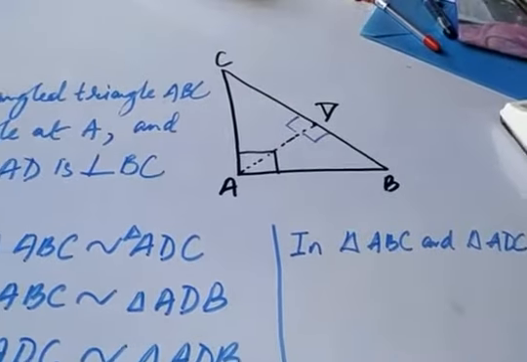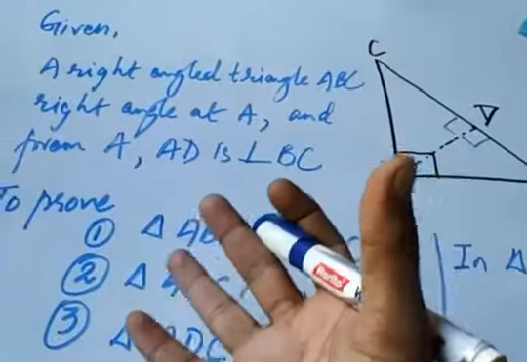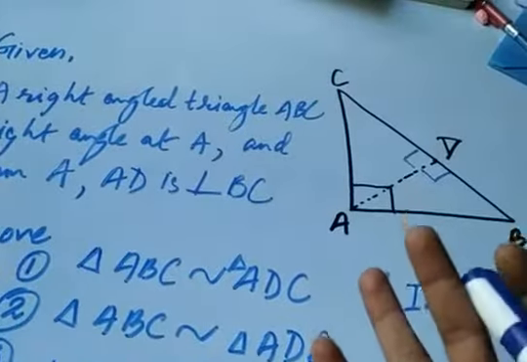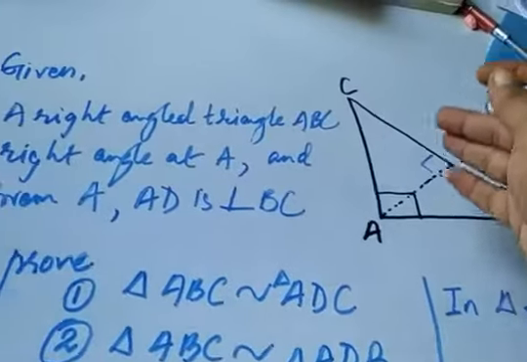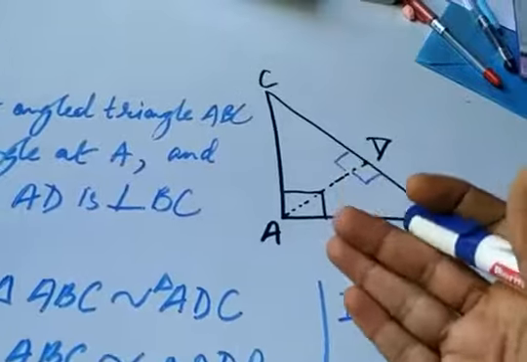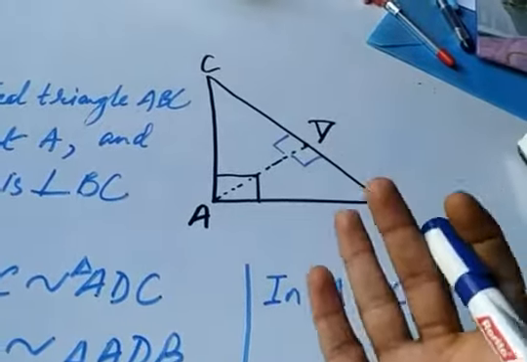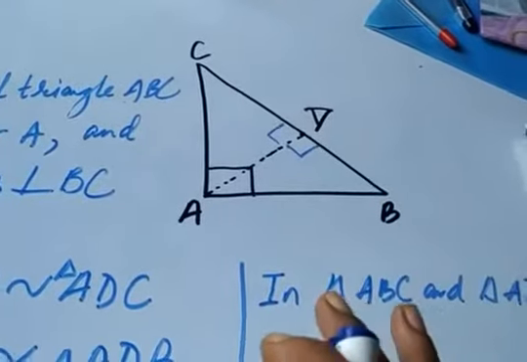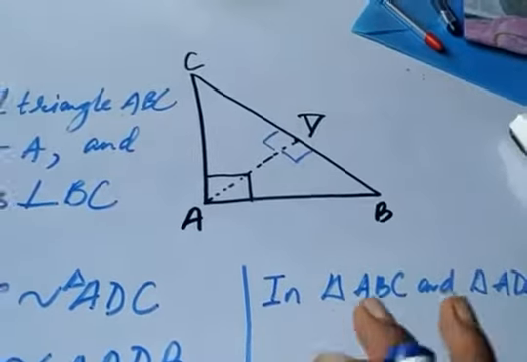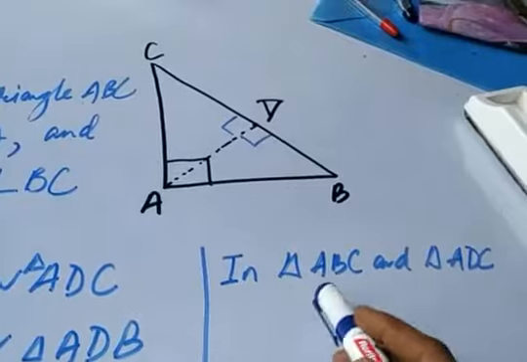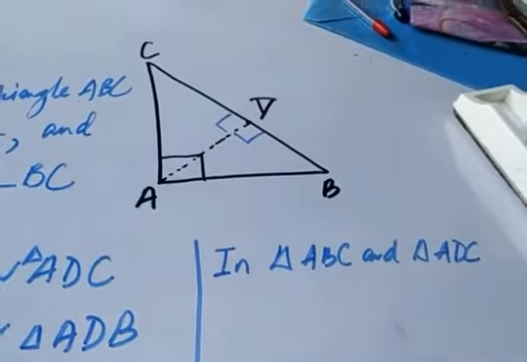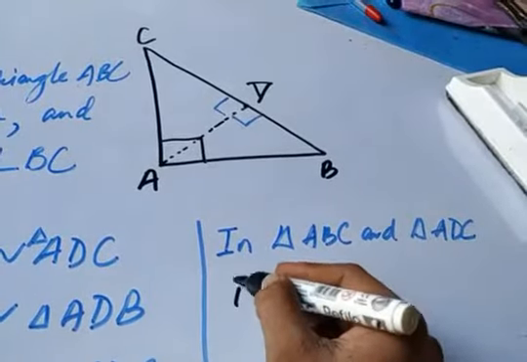Okay, so from the information that is given to you in the question, what we only know is angles, right angle. Okay, we do not know anything about side. So think it straight away that you have to use angles to prove these two triangles are similar to each other. So in this we start with the first one, is a right angle.